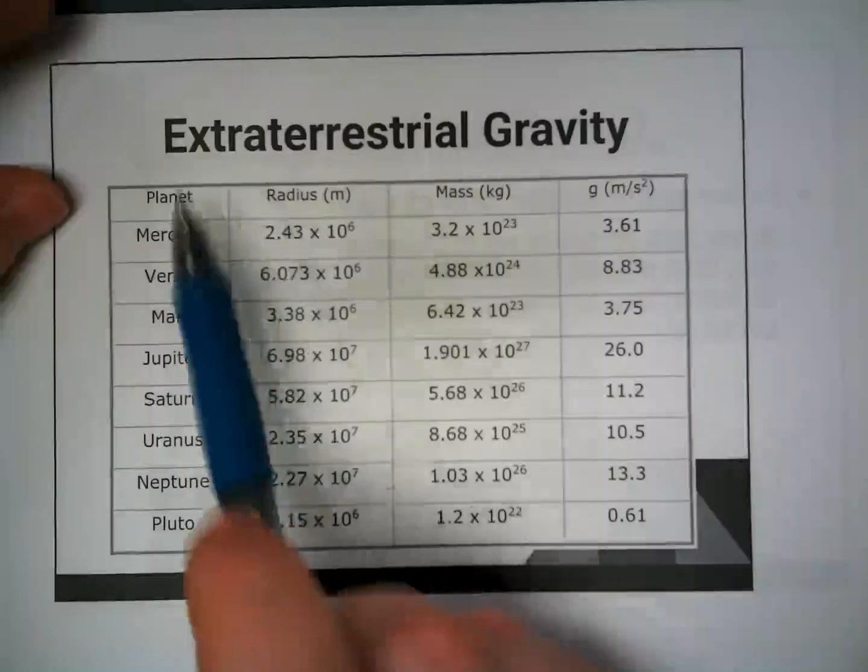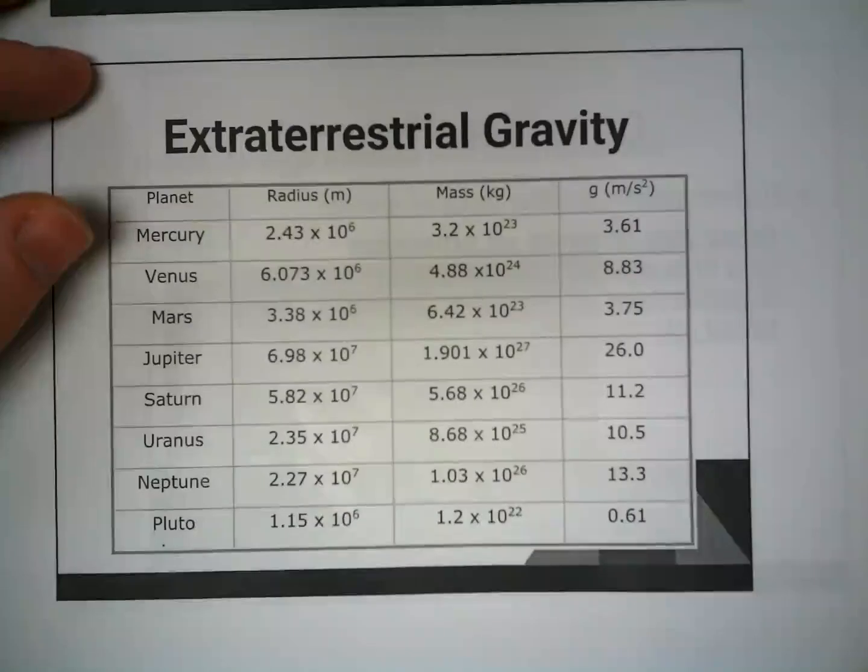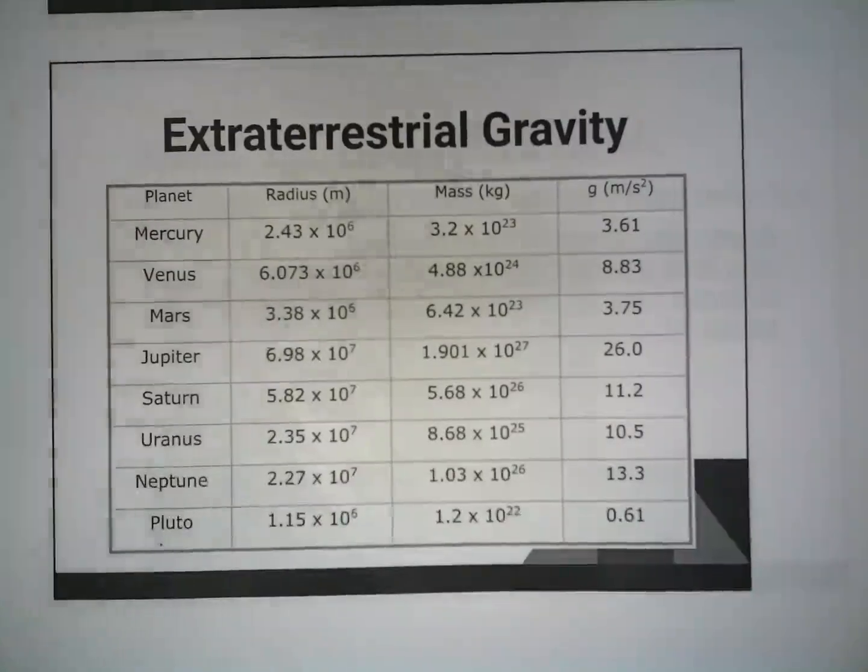So you've got the particular planet, and I understand Pluto's on here, and we all know that Pluto is no longer categorized as a planet. It's still a celestial body, but it has been labeled as, I believe, a white dwarf. Back in the day, it used to be a star, now it's basically a dead star, but it's not considered a planet because of that.